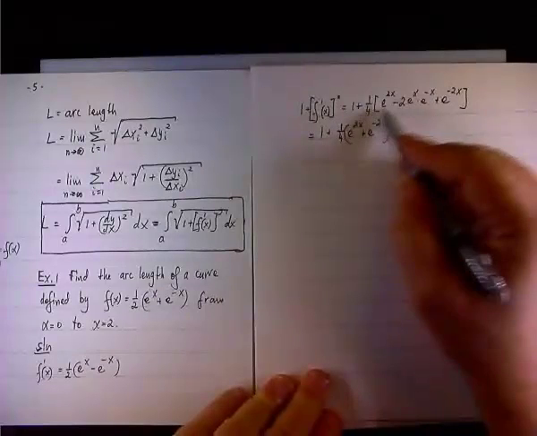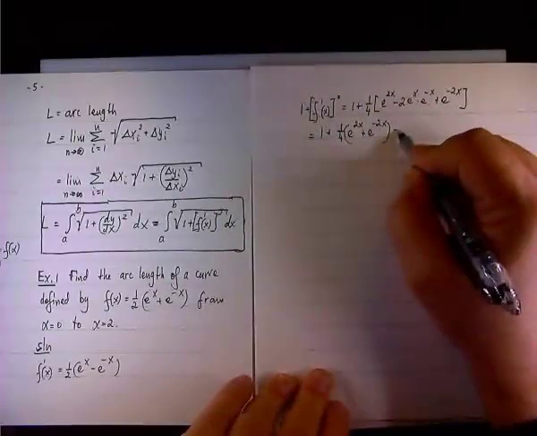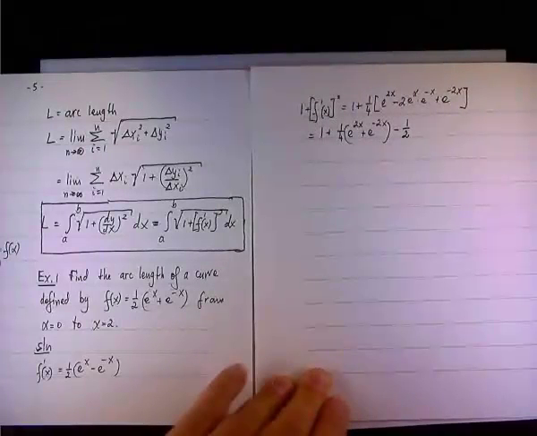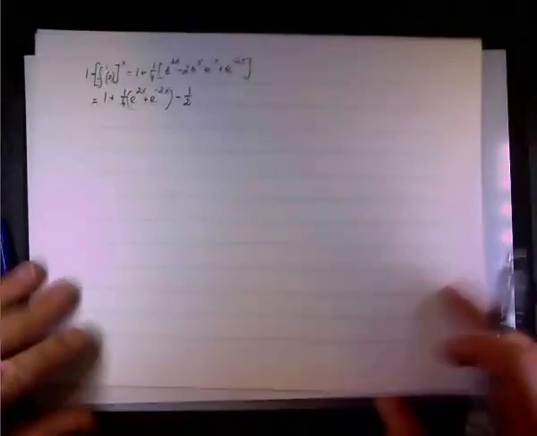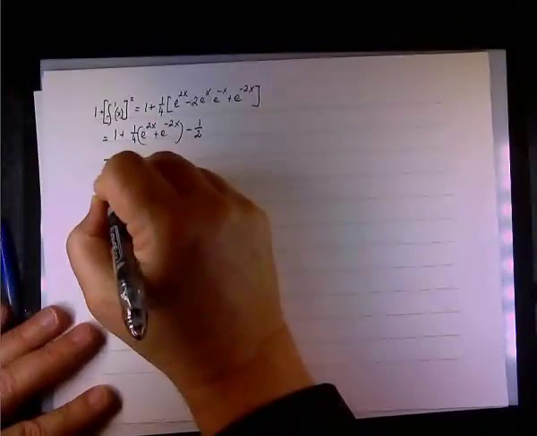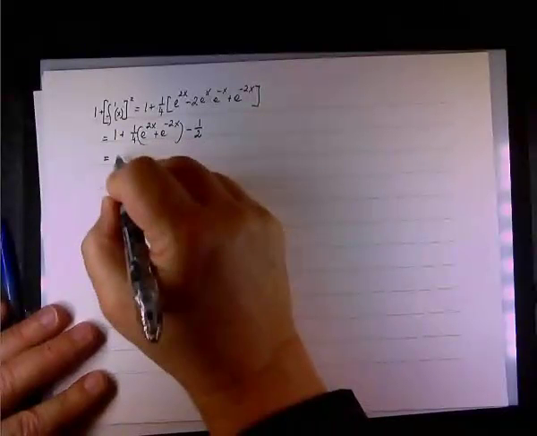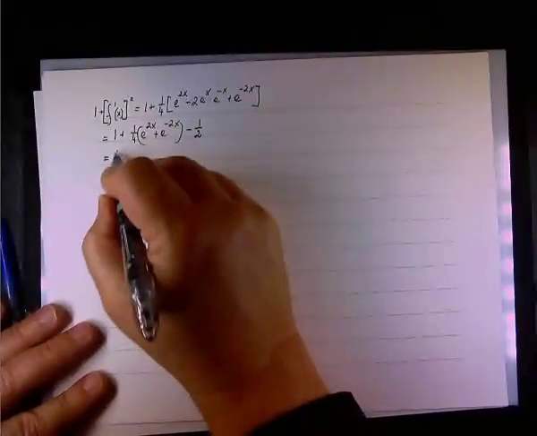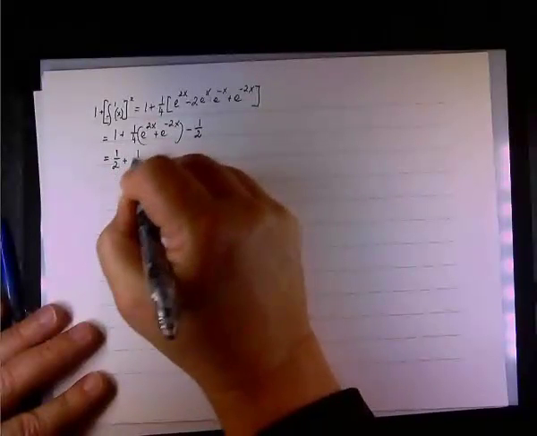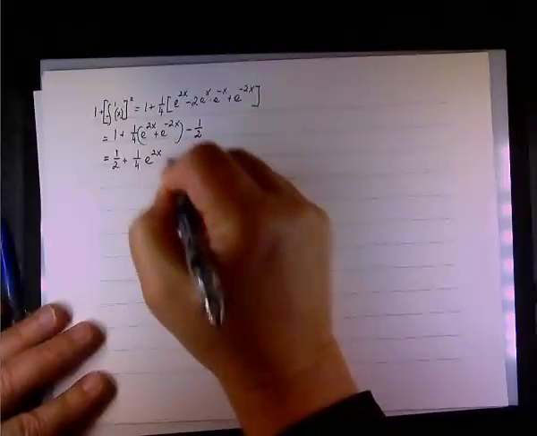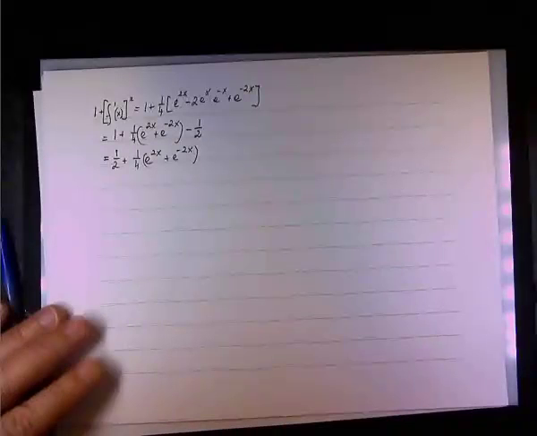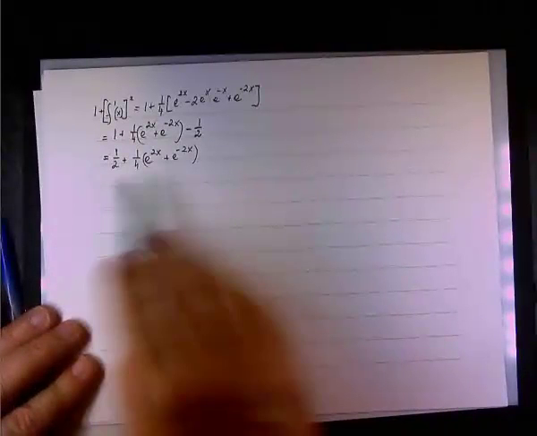I'll include these, the first and the last, and here I have negative 2, but negative 2 times 1/4 is negative 1/2. Okay? All right, I'll push this out. So one more step here, I'll have 1/4. Let's do this.